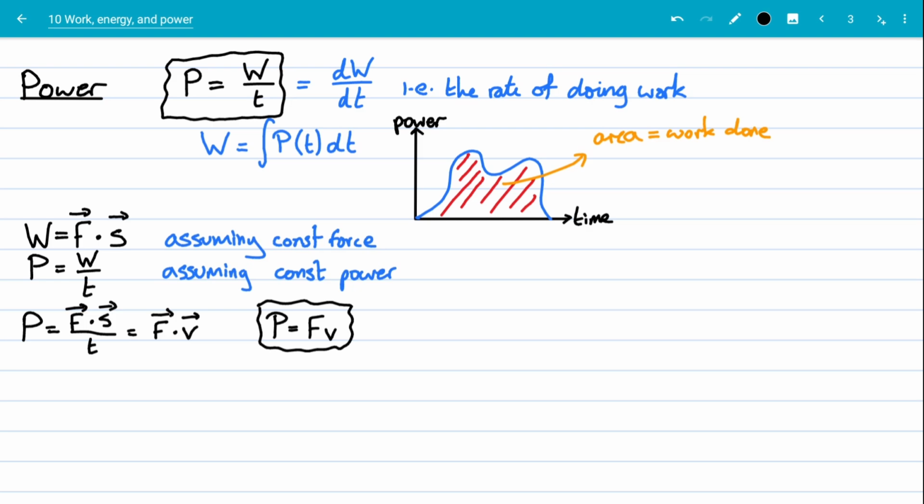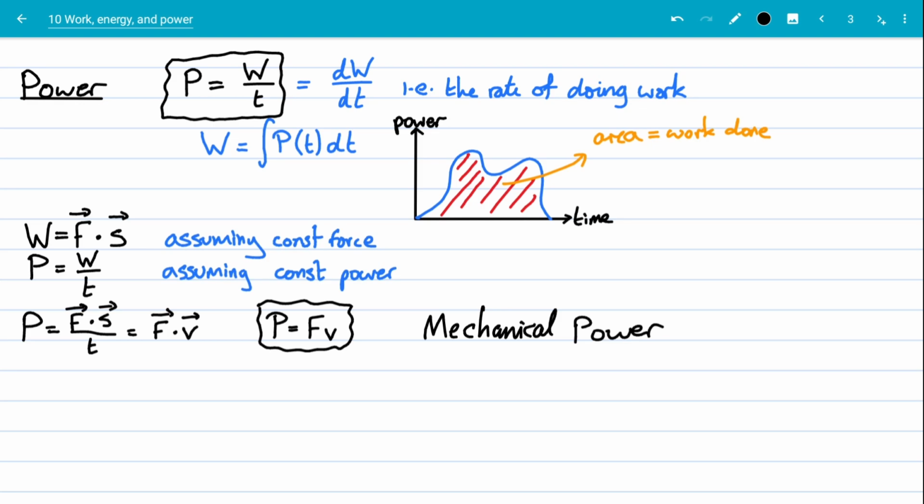Okay, fine. What else can we do with this equation? We can obviously plug numbers in to calculate the power. We can look at electric power, and we will move on to that when we do electricity later on. This is all mechanical, so let's say this is mechanical power.